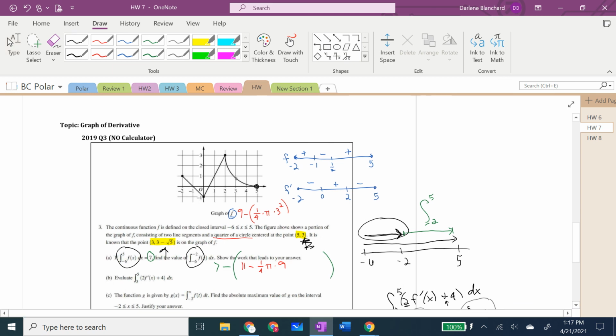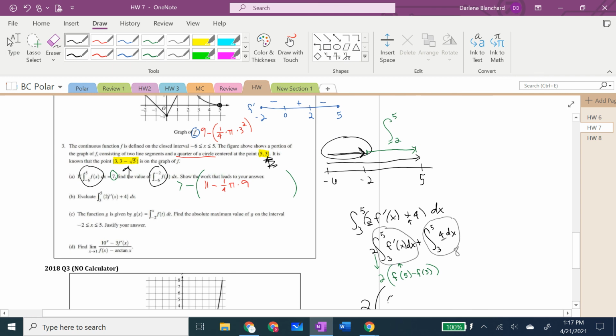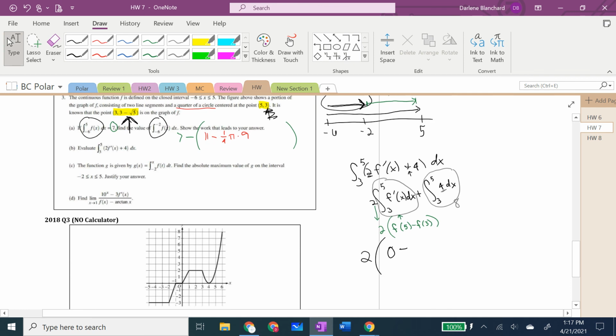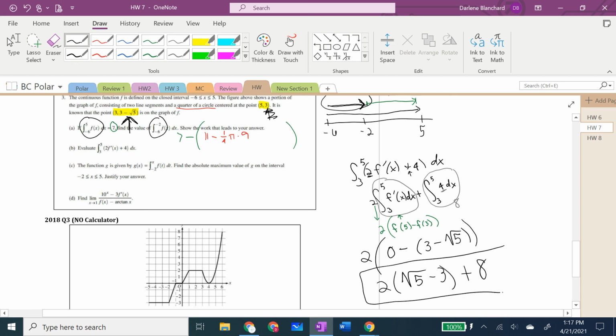My f of 5 is 0 minus my f of 3, which is 3 minus root 5. So I've got 2 times, I'm going to reverse the subtraction, and then plus 8. And that would be the evaluation for letter B.